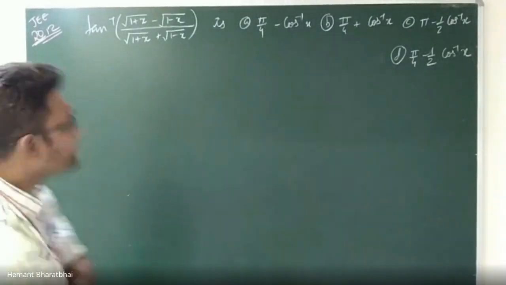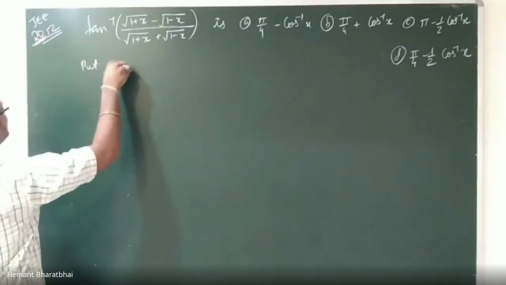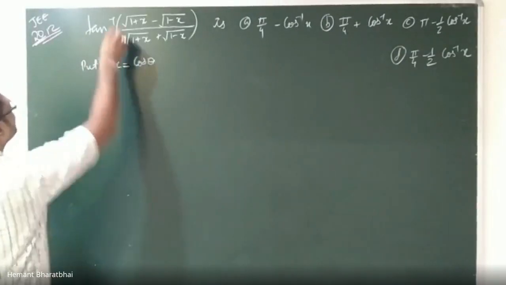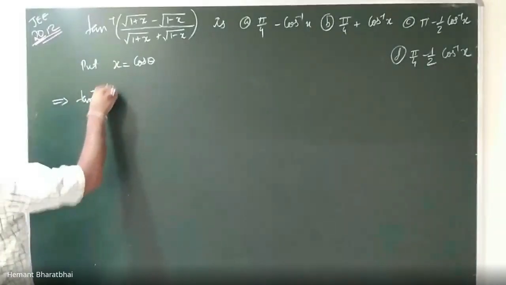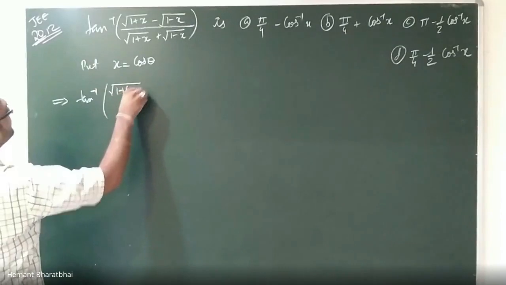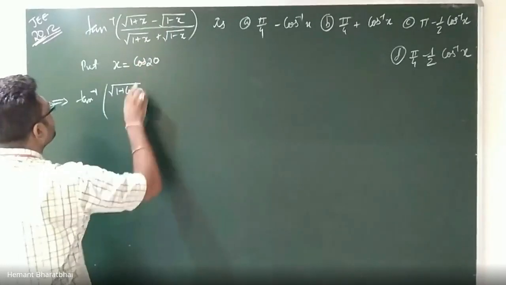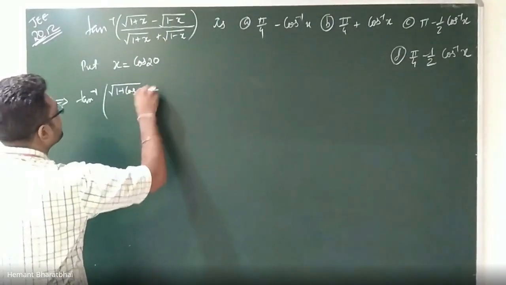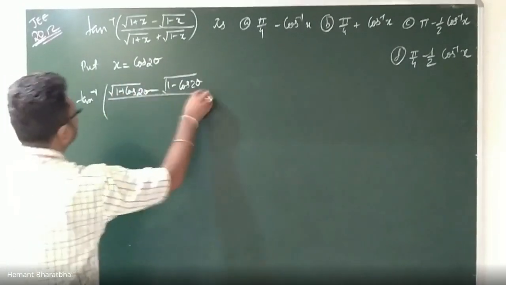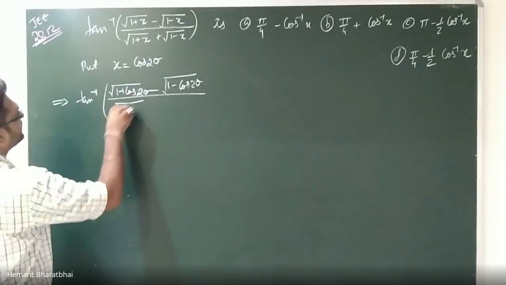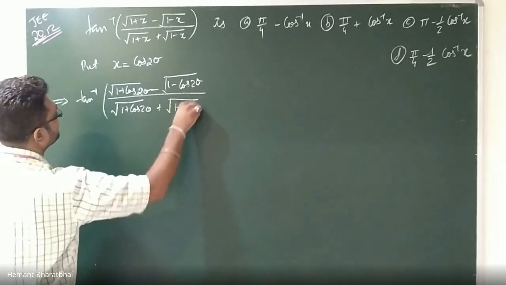Therefore, I can put x equal to cos 2 theta. So I'll get tan inverse of (root of 1 plus cos 2 theta minus root of 1 minus cos 2 theta) upon (root of 1 plus cos 2 theta plus root of 1 minus cos 2 theta).